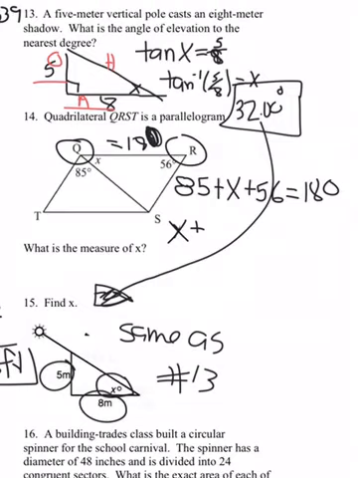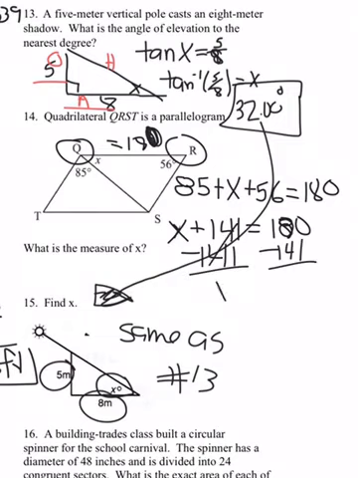Calculator, why do you do this? 141. So minus 141 and x equals 39.